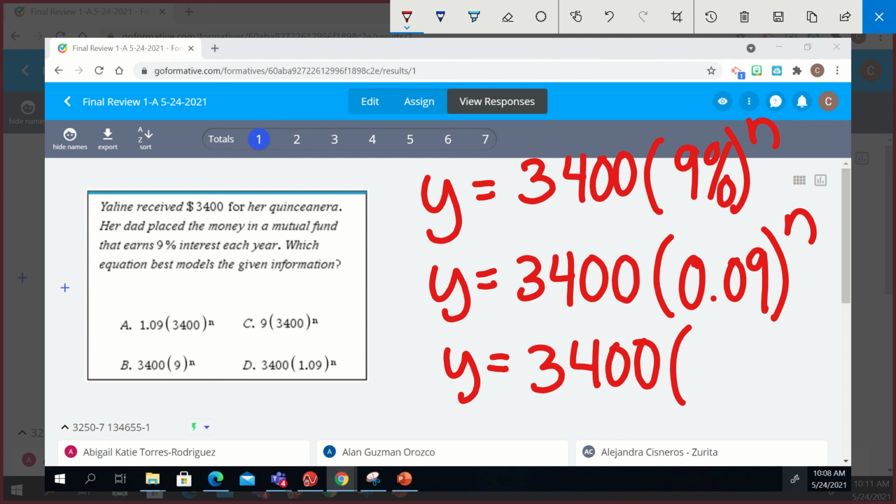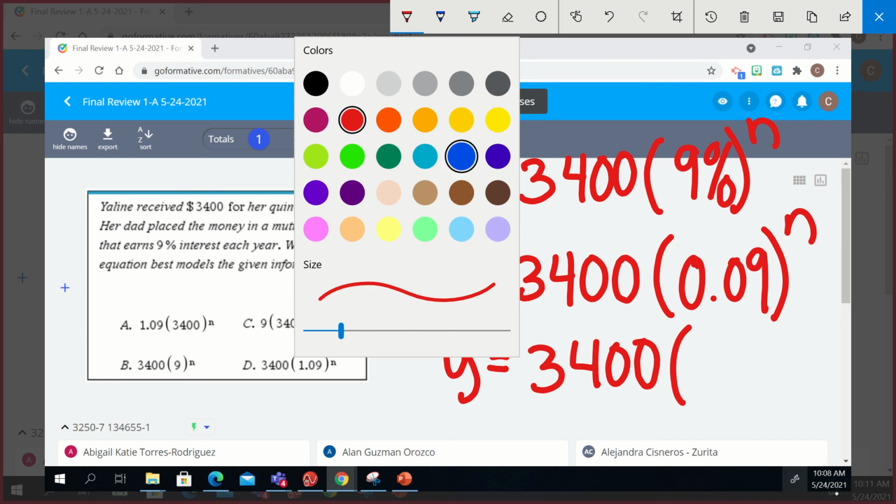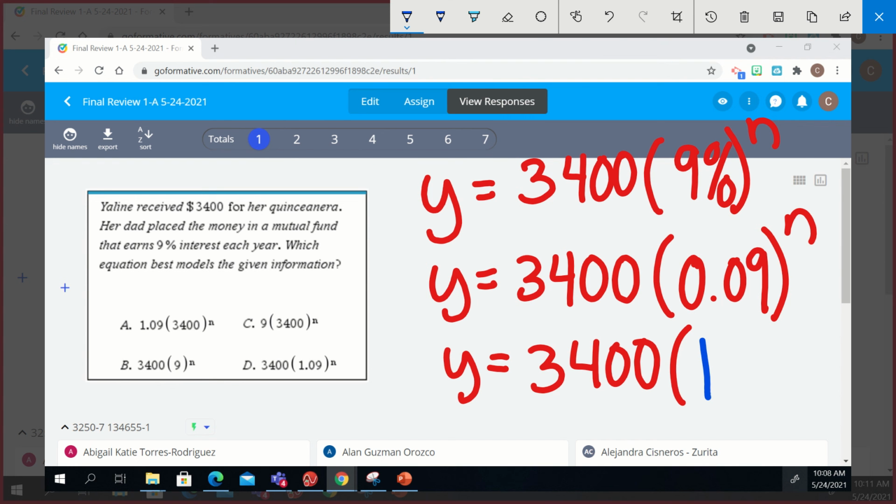So I'm going to change the color so you know where it came from. This is 1, and this 1 is to include this thing. And the rest stays the same, 0.09 to the power of n. So that we do have, and that will be the answer choice D.